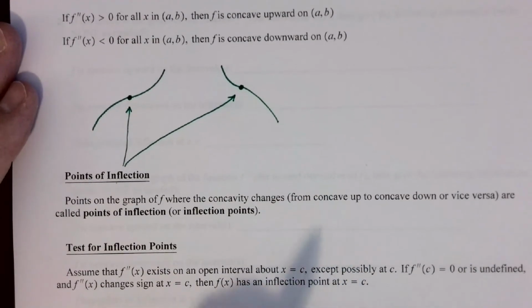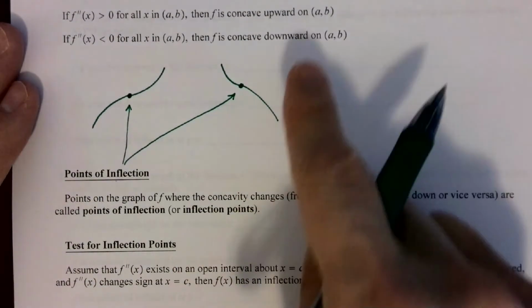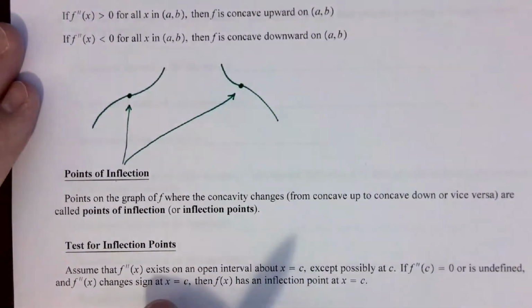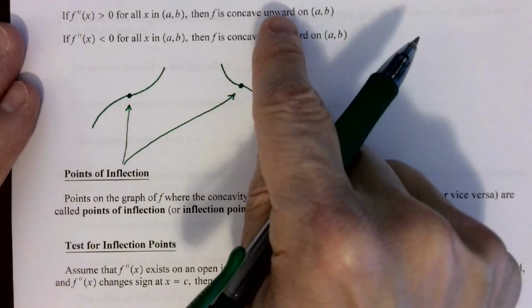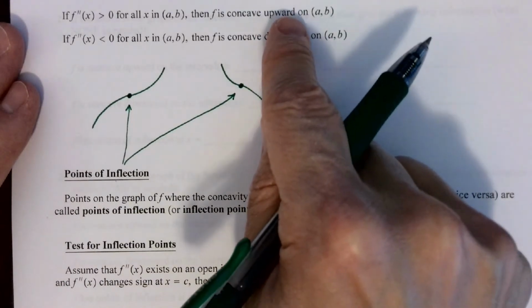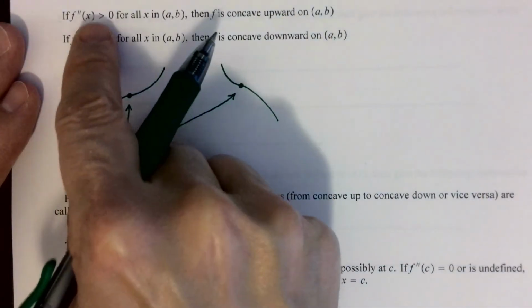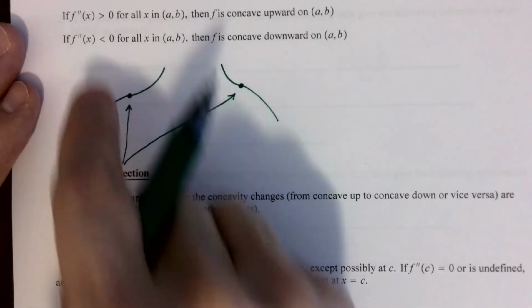Now, how do we test for inflection points? Well, we're going to piggyback on what we did up here. If there's going to be a change in concavity, a change from upward to downward or from downward to upward, there must be a change in the sign of the second derivative. Very important there.